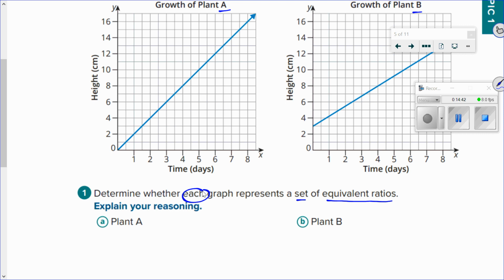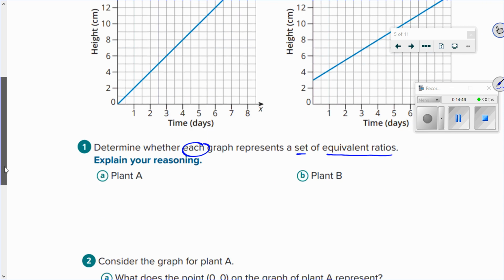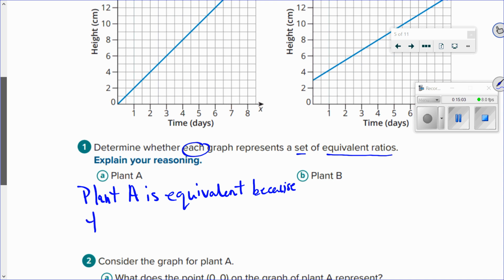Wow, you said it perfectly. Great job. You used all the math terms and everything. Plant A is equivalent because the line goes through the origin.